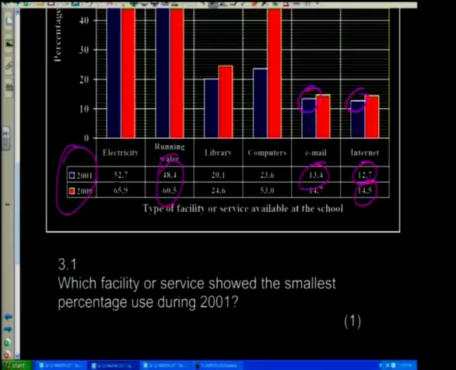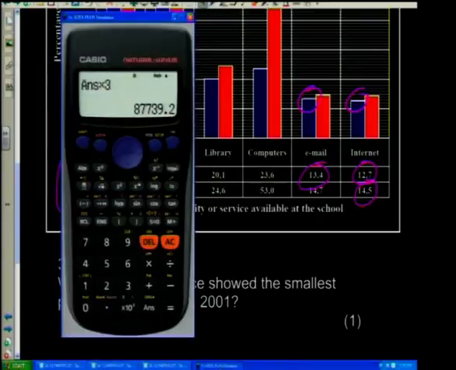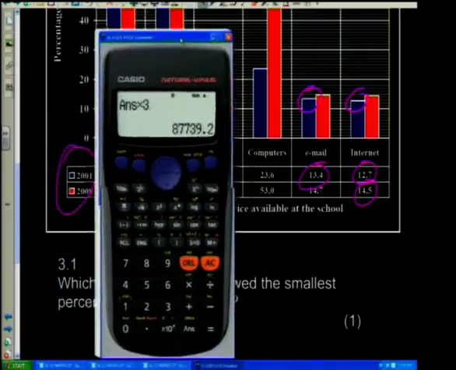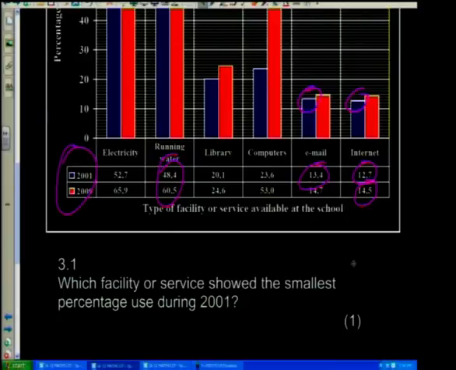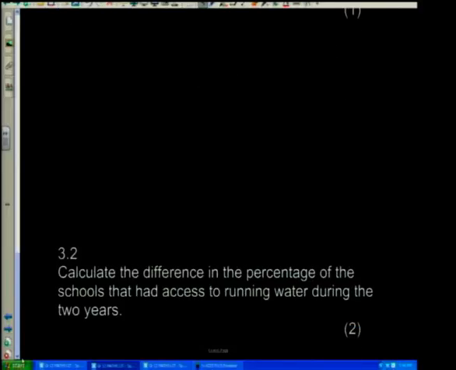Taking out our calculator, we've got 60.5 minus 48.4, and we get equal to 12.1% difference. So the difference is going to be 12.1%. We would just write that up there, 12.1% difference.